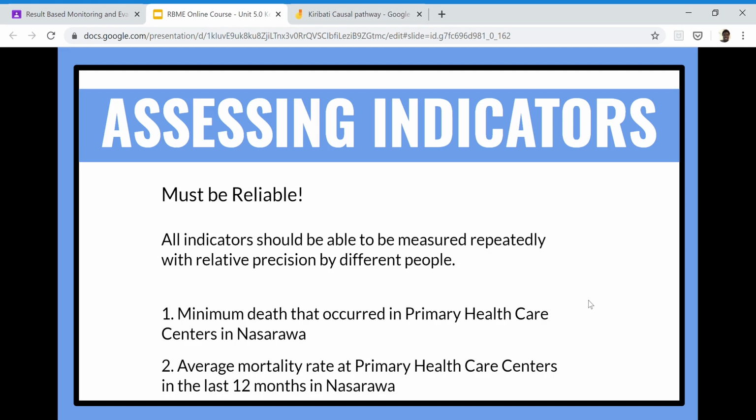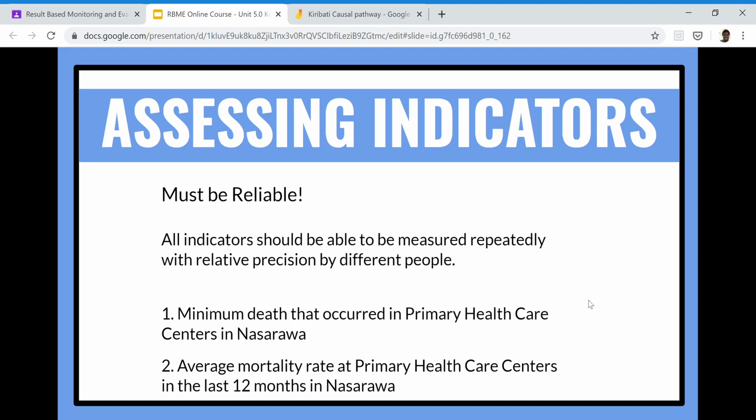There are standards for writing or collecting indicators, or for coining indicators. That's why we use mortality rate and not death in primary health care, because measuring death might not necessarily be reliable in terms of it being routine monitoring data.